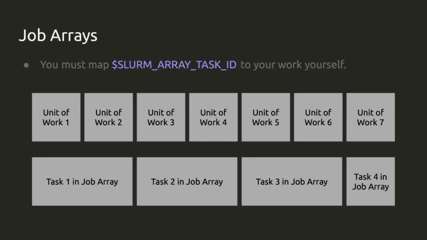And so mathematically, you just want to do this with a little bit of multiplication and addition. So task 1 would get work 1 and work 2. So that's going to be, if you're doing 0-based indexing, and this would be ID 2, you just multiply by 2 and add the units of work there, and it all just kind of works out. Happy to answer any specific questions on that though.